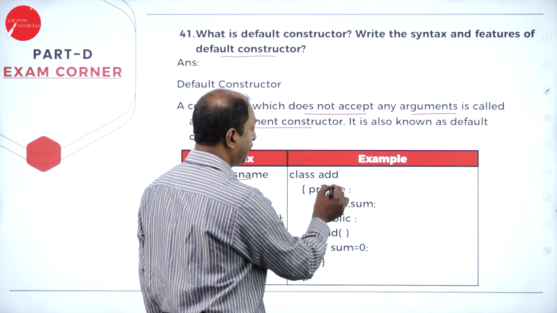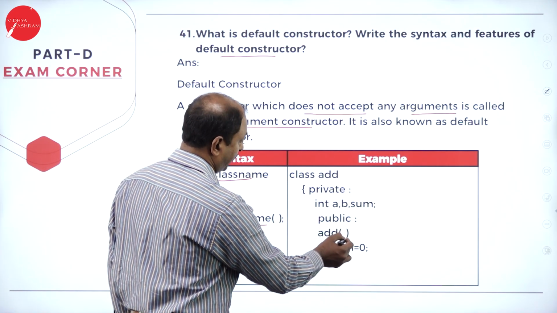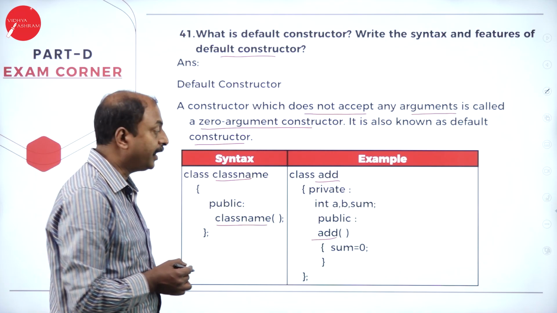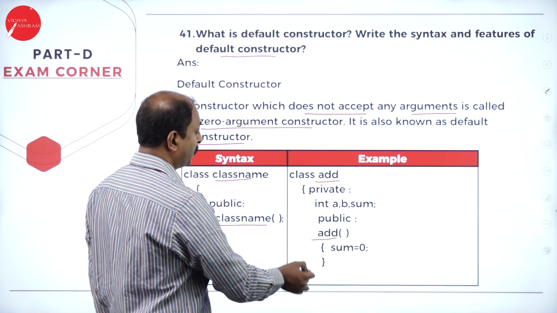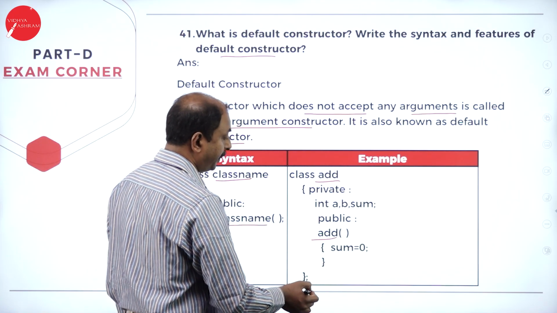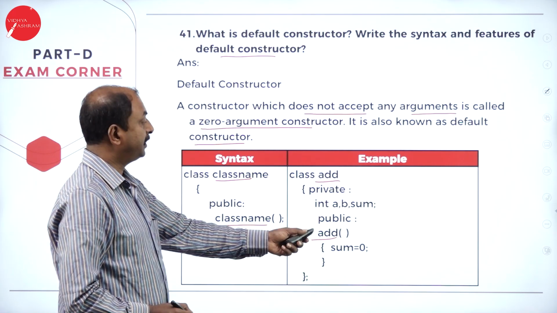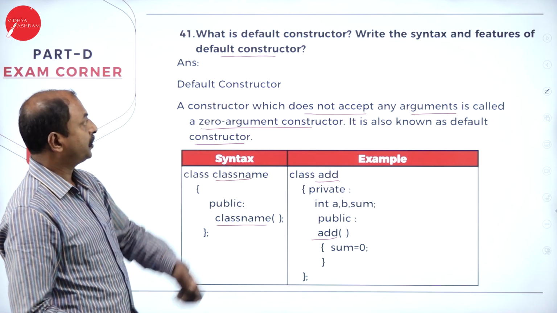Class add, private data members, and the public add is a constructor because add is the name of the constructor and the name of the class is also add. Here sum equal to 0 is a statement inside it, and we are closing the class with a semicolon. So this is an example syntax and definition of a default constructor.